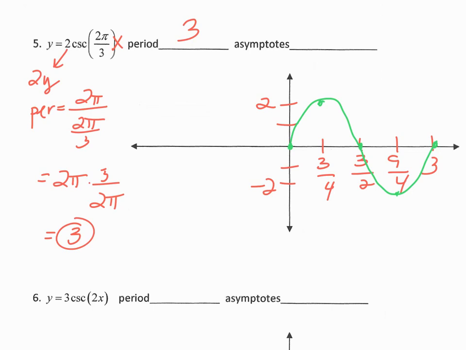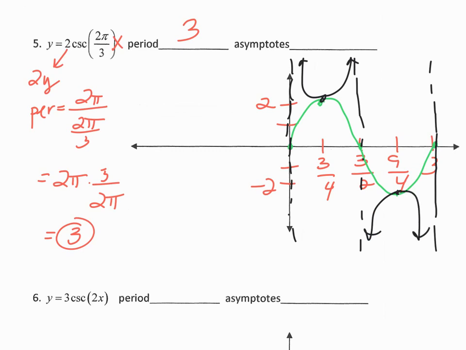Okay, so wherever sine is 0, cosecant gets an asymptote. Okay, so there's my 3 asymptotes. And all these green pieces, they're going to flip toward the asymptotes. All right, so if I have to answer the box, I said the asymptotes are at x equals 0, 3 halves, and 3. All right, now please try number 6.